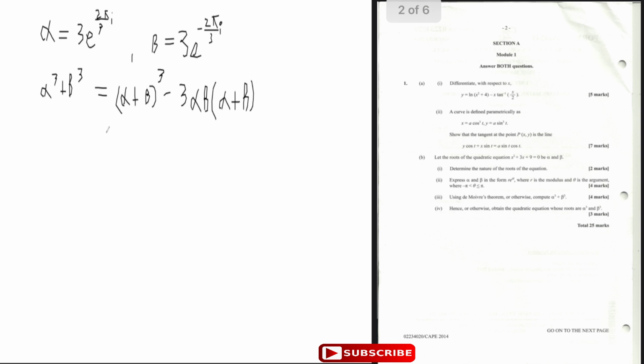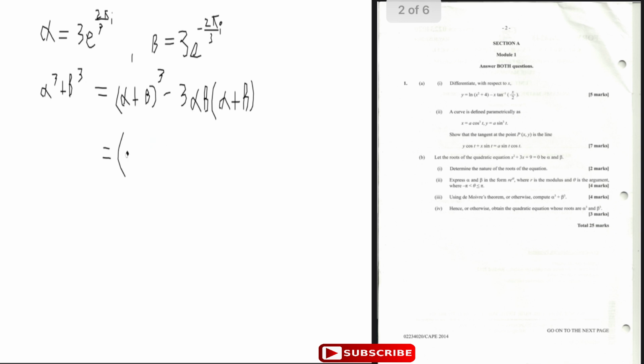So alpha cube plus beta cube is going to be alpha plus beta all cube. First and foremost, I don't even need to use these values.